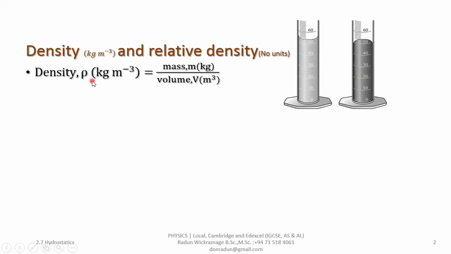So density rho is equal to mass m divided by volume v. This is the equation we are going to use. Rho is a Greek letter, I think you are aware of that. So density is equal to mass over volume, and the unit is kilograms per cubic meter.